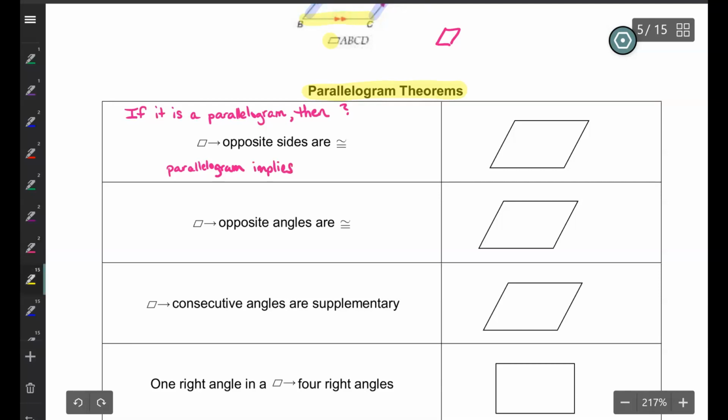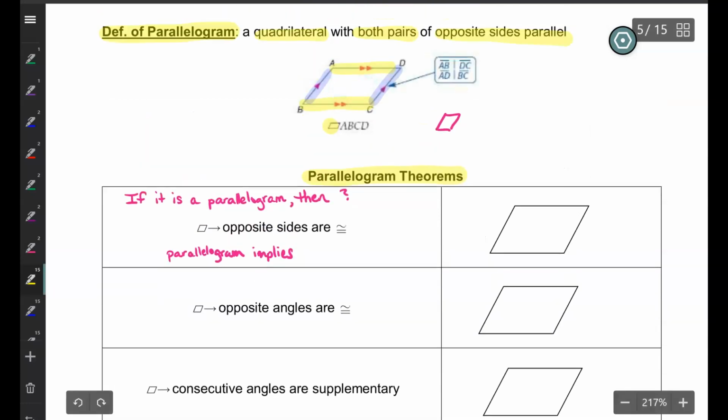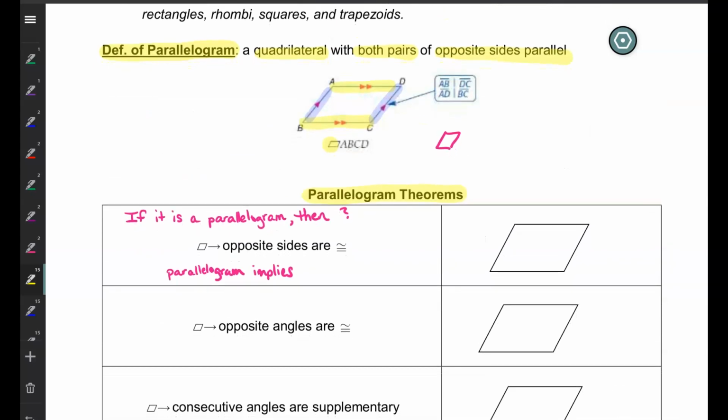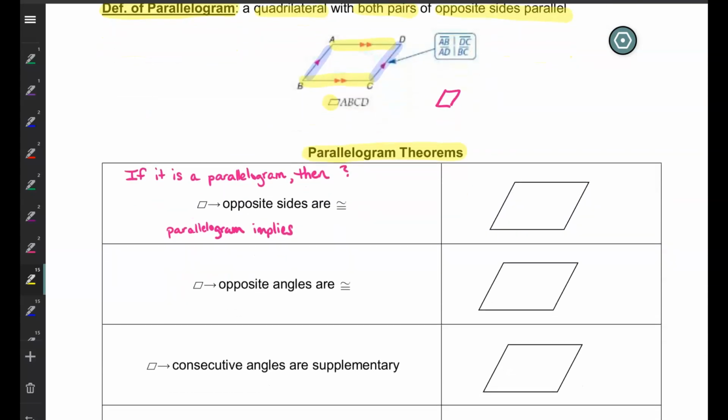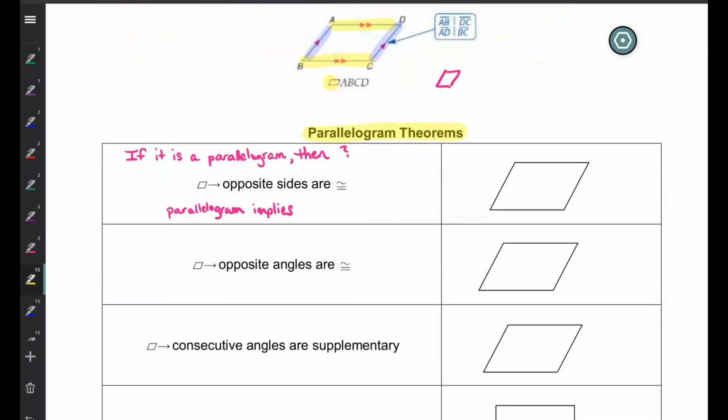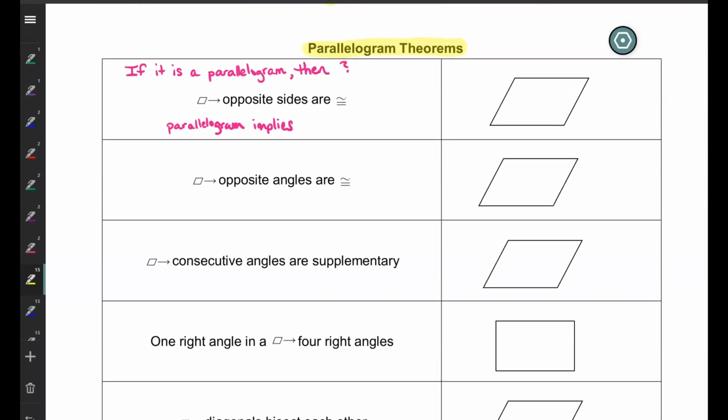The first one is, again, all we know based on the definition is that opposite sides are parallel. But if we know that's true, all these other theorems will follow. So the first one is parallelogram implies opposite sides are congruent.